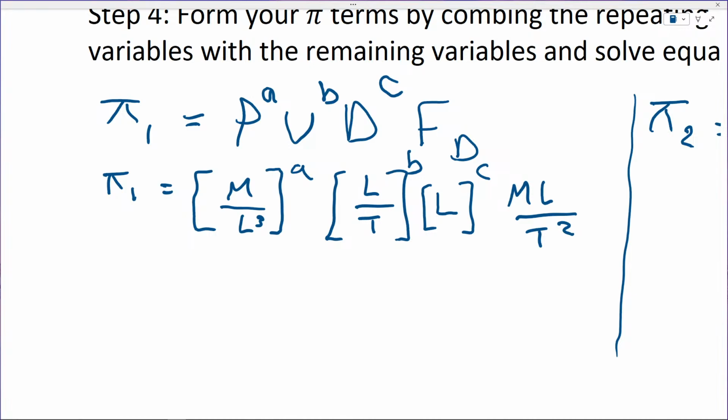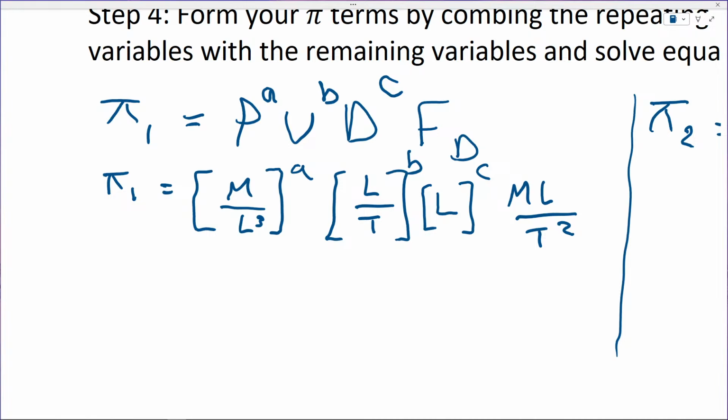Similarly, I want all the L in the numerator to cancel with all the L in the denominator, and all the t in the numerator to cancel with all the t in the denominator. For this to happen, b needs to be -2, for example. If b is -2, then this will cancel with this. So you got the idea?